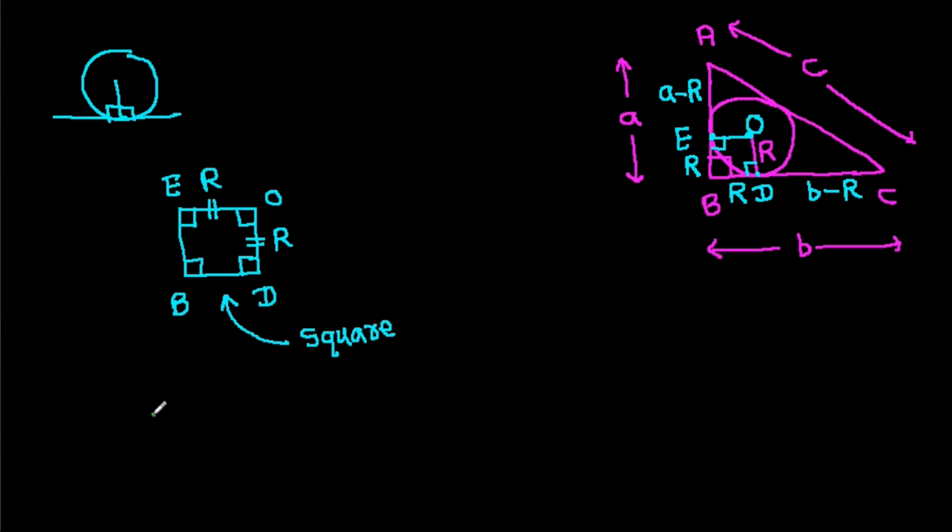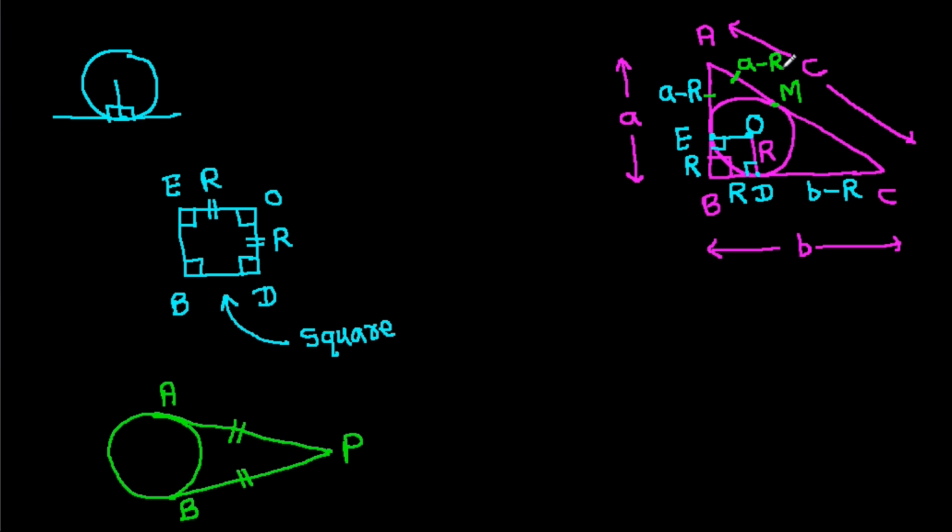And now, in any circle, from any point P, if we make two tangents to the circle, suppose this point is A and this point is B, then PA will be equal to PB. And suppose this point is M, then AE will be equal to AM. So AM will be a minus R. And from point C, CD will be equal to CM.